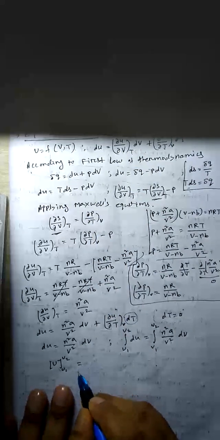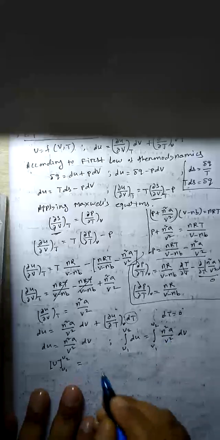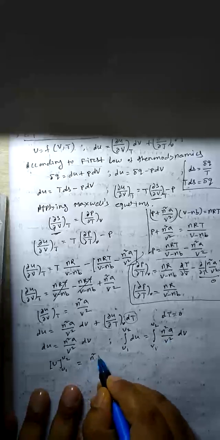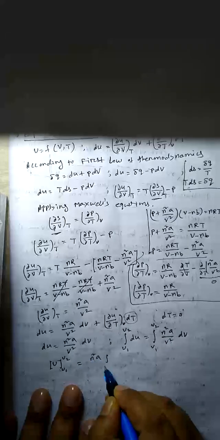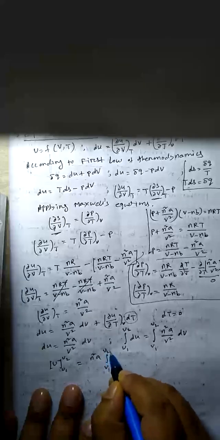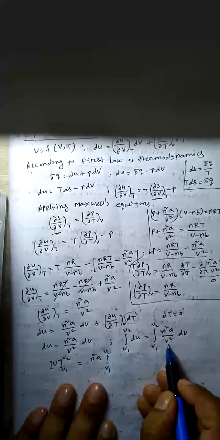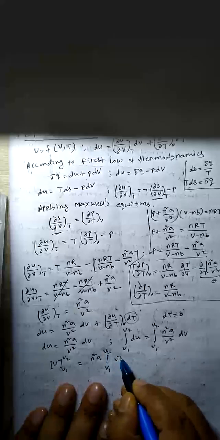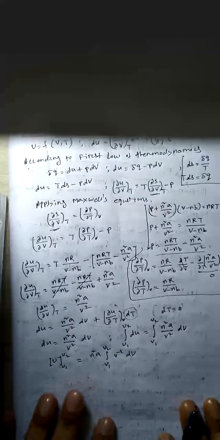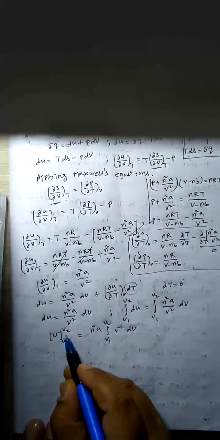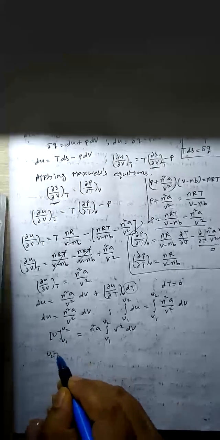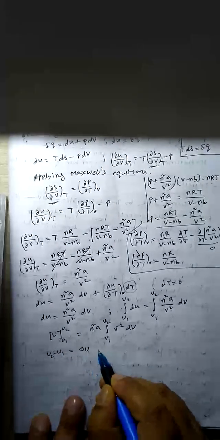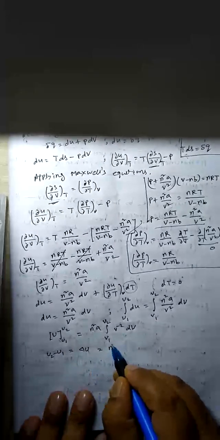So now n is constant, a is constant, take them outside; n² is constant, take it outside. Here is V1 to V2, and dV by V² I write as V to the power minus 2 dV. Now first upper limit, then lower limit: U2 minus U1, which is equal to delta U, the change in internal energy, which we can evaluate.